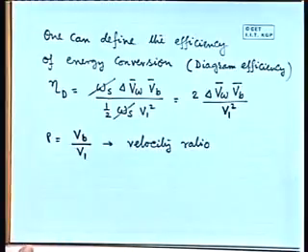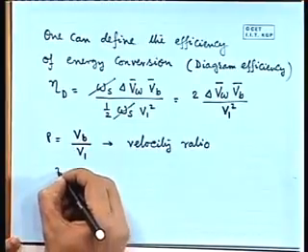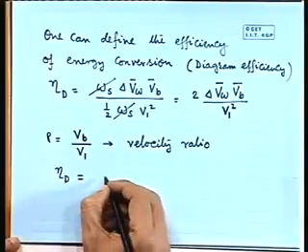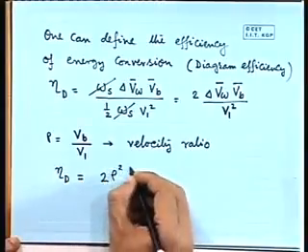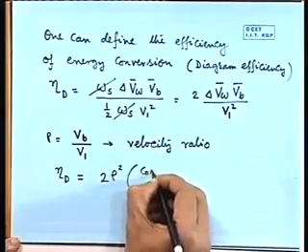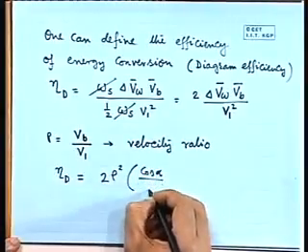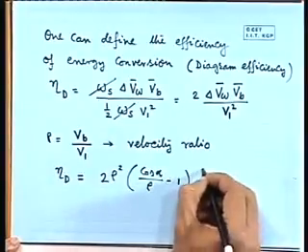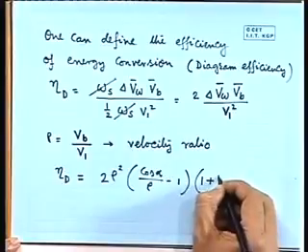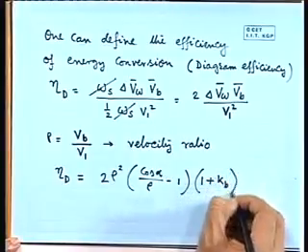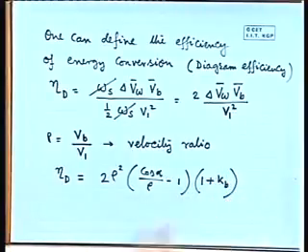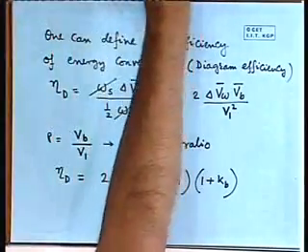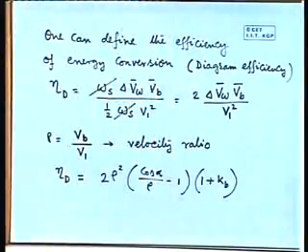velocity ratio, then one can show eta d is equal to twice rho square cos of alpha by rho minus 1, plus kb. Kb, that friction ratio or blade friction factor, we have already got it.